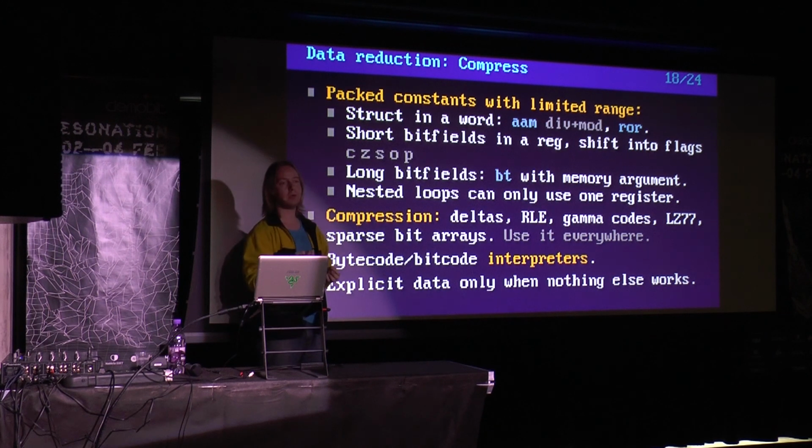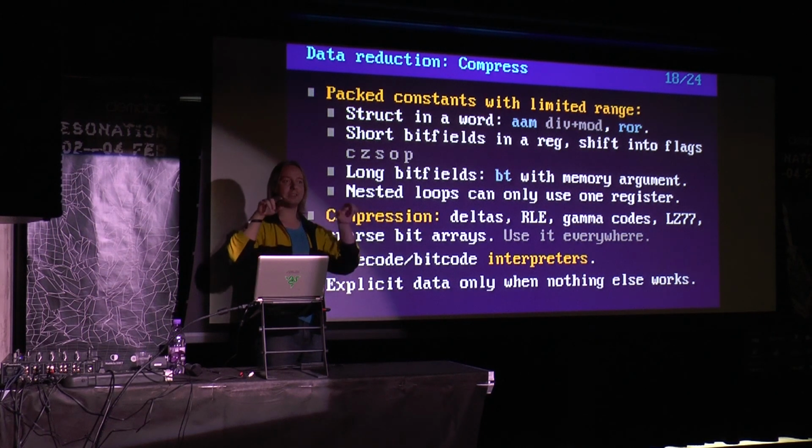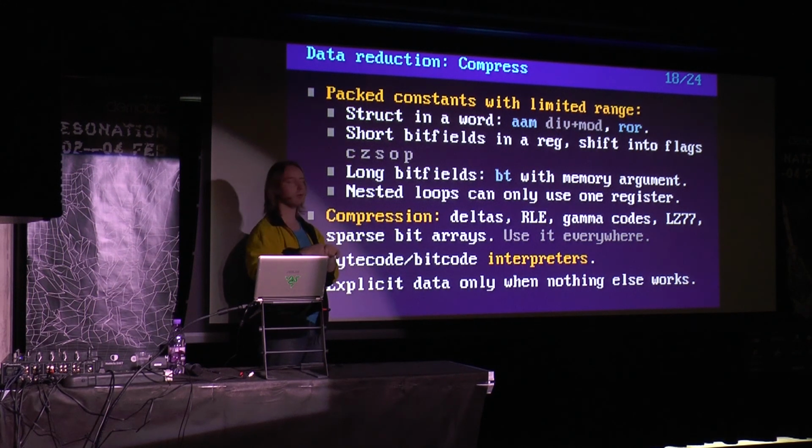If you have long runs of values or zeros, you can use run length encoding, load the number of zeros and just generate the zeros you need. When you have values in a small range, you can just pack them into bits. I can show you code for that later.